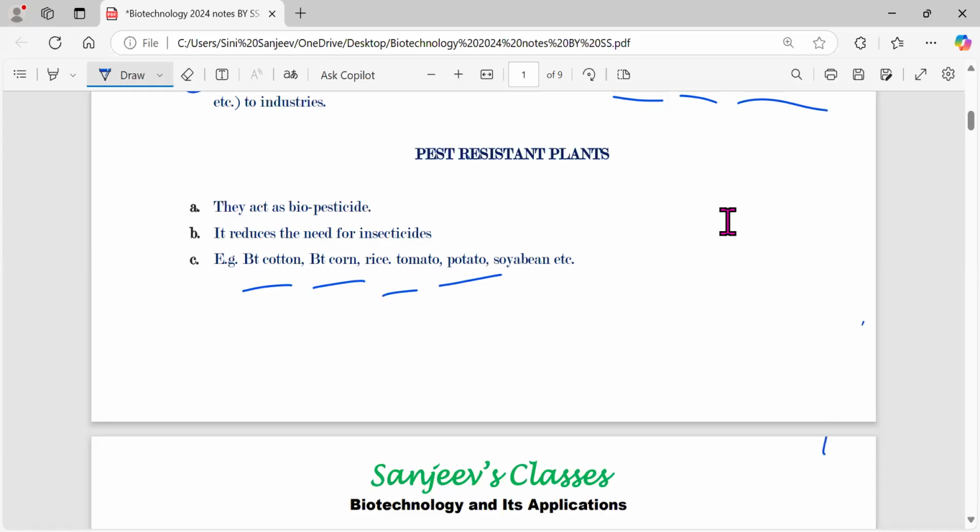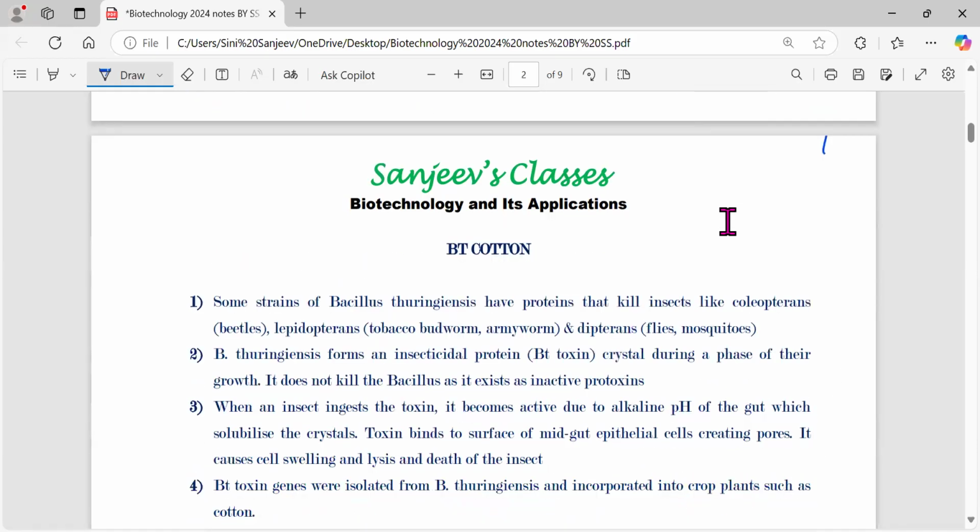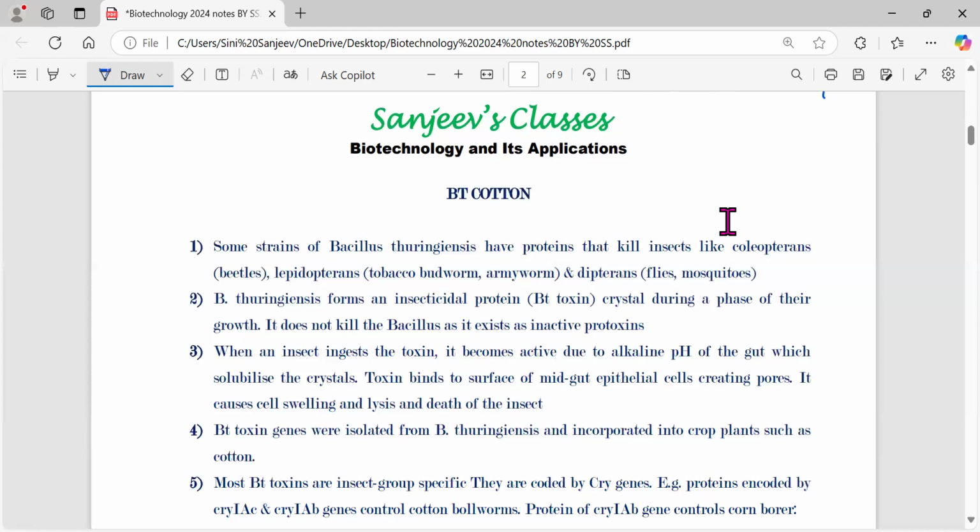So first let's see about BT cotton. In order to know how the gene is actually altered, you should know what BT is, and what happens to the insects or pests after inserting this particular BT gene into the plant.